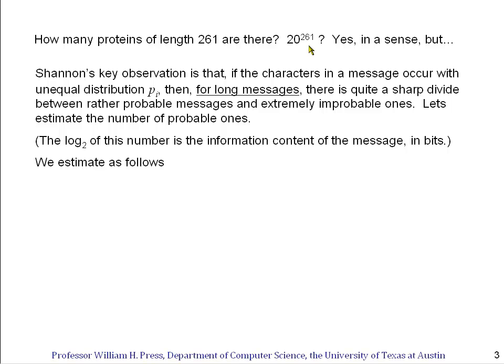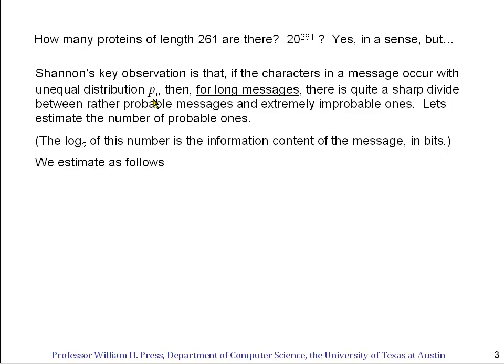But Shannon, about 60 years ago, realized that if the characters in a message occur with unequal probabilities, with some probability distribution p sub i, where i varies over the different, in this case, amino acids, then for long messages there's quite a sharp divide between messages that are rather probable and messages that are extremely improbable.